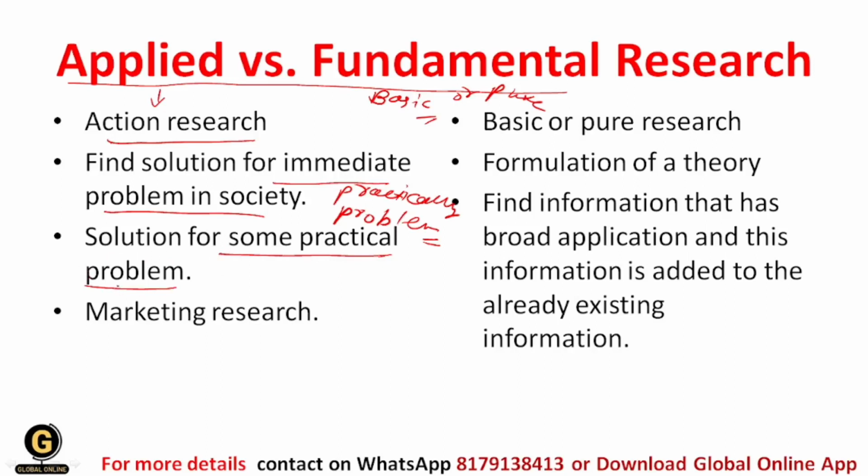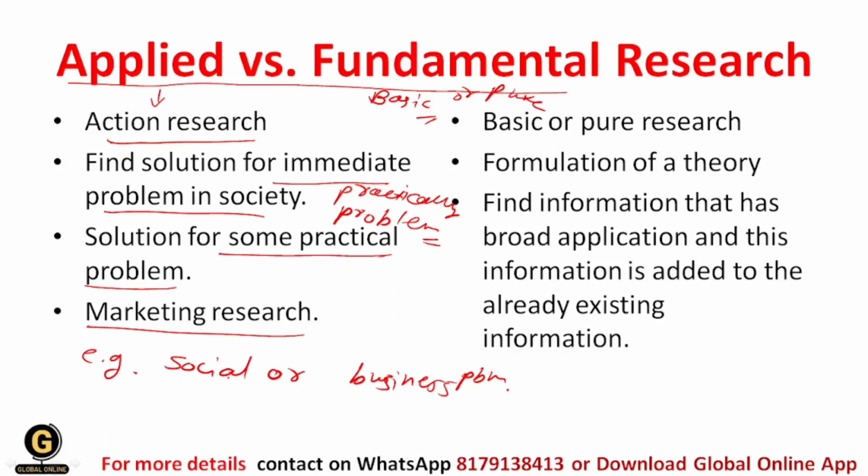For example, marketing research comes under applied type of research. Whenever there is a problem faced by society or an industrial or business organization, finding the solution to that particular problem is applied research. For example, it is used in social or business problems.